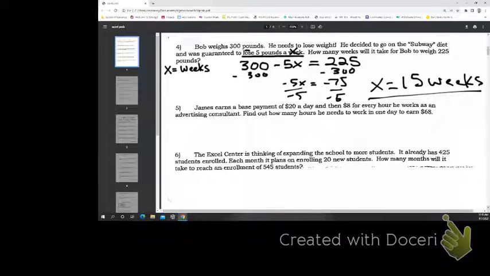To lose 5 pounds consistently every week is probably not very healthy. So just to put that in your ear. Not sustainable probably over 15 weeks to think you're going to keep losing 5 pounds every week. All right, so next up we have James, and we want to find out how many hours.